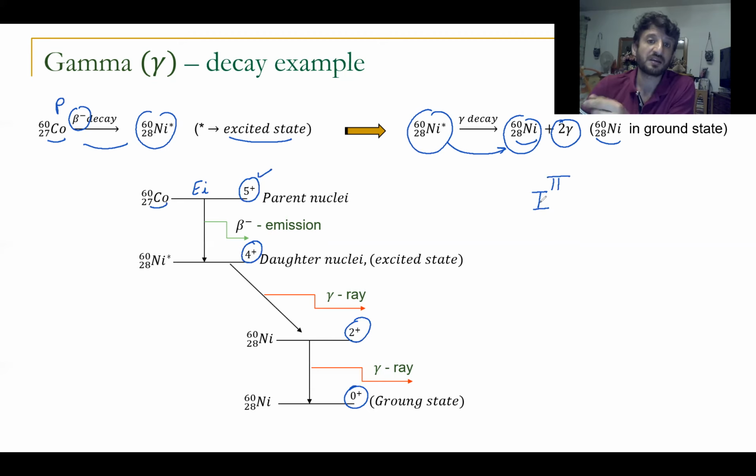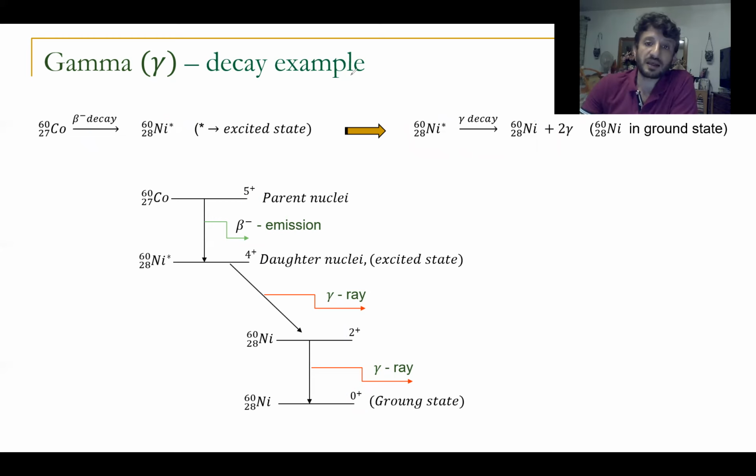I can be, for example, 5, 4, 1/2, any number. I will talk about this one later. And pi can be plus 1 or minus 1. So I come back.